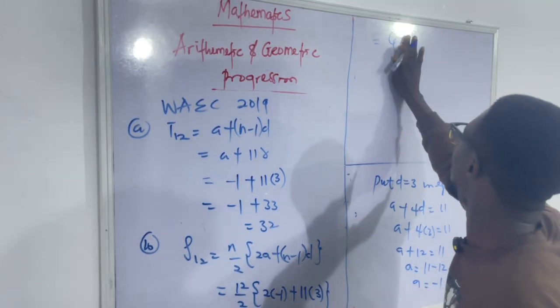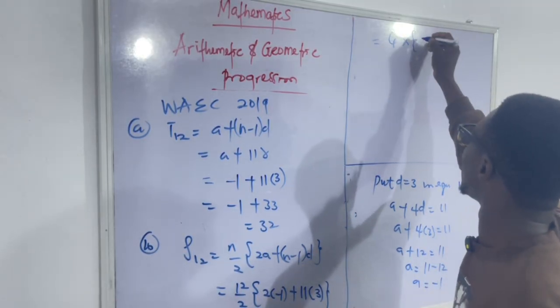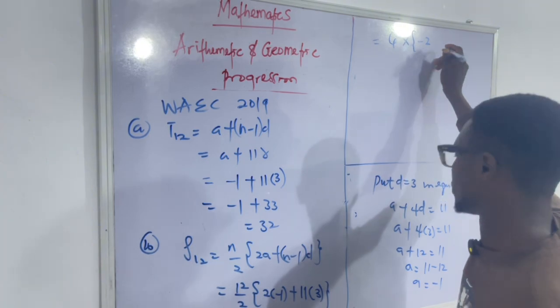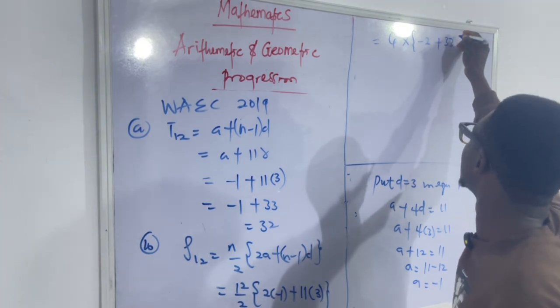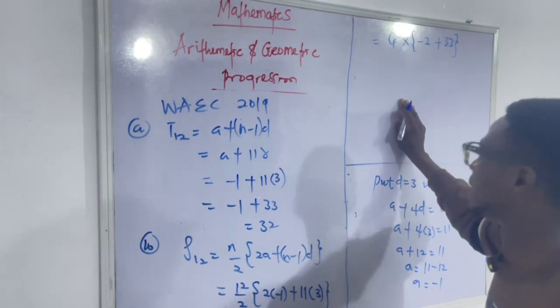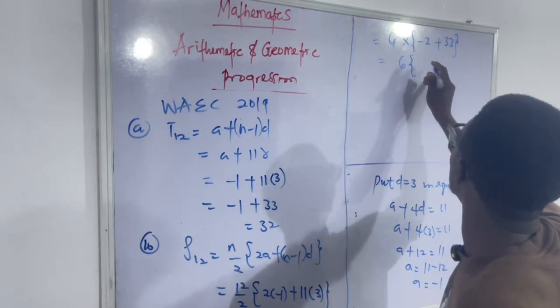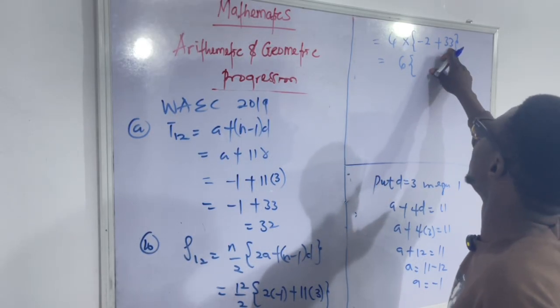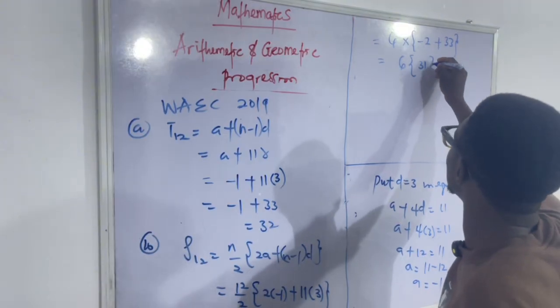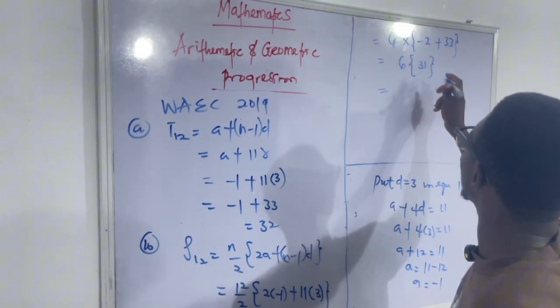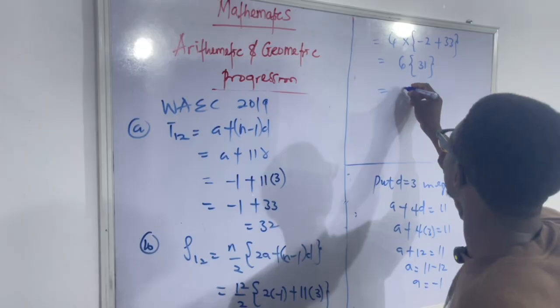This is 6 times (minus 2 plus 33). So that's 6 open bracket 33 minus 2, that's 31. So 6 times 1 is 6, 6 times 30 is 180.